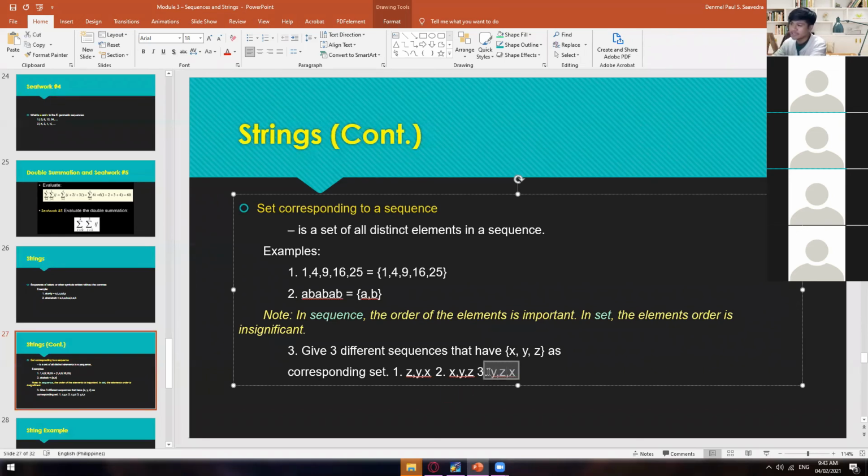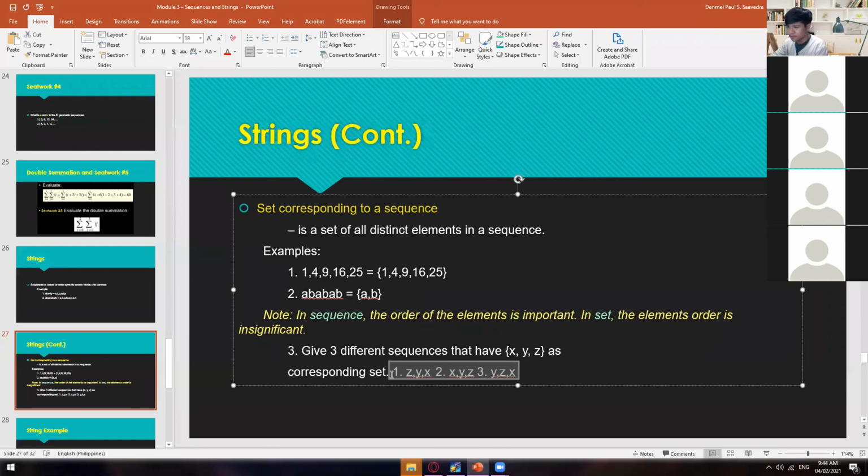Those are the three sequences: z first, then x first, and then y first. Those three are different when it comes to sequences, but of course, when it comes to a set, they are just the same. But since arrangement matters in a sequence, those three are three different sequences.